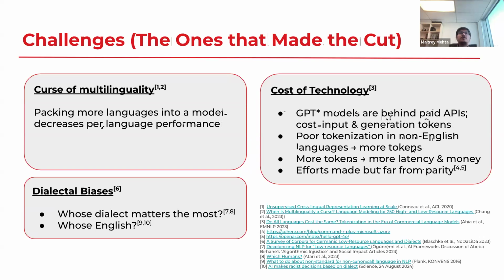Should more thought be gone into the diversity of dialects for a certain language? So that is another issue, right? And there are several other challenges. If you are interested, you can come talk to me. There are so many interesting issues that are there, right?